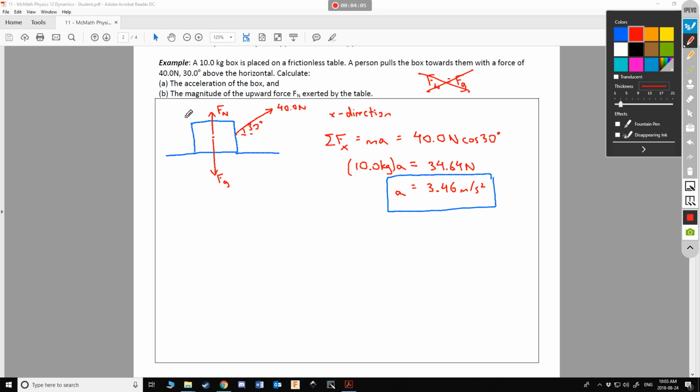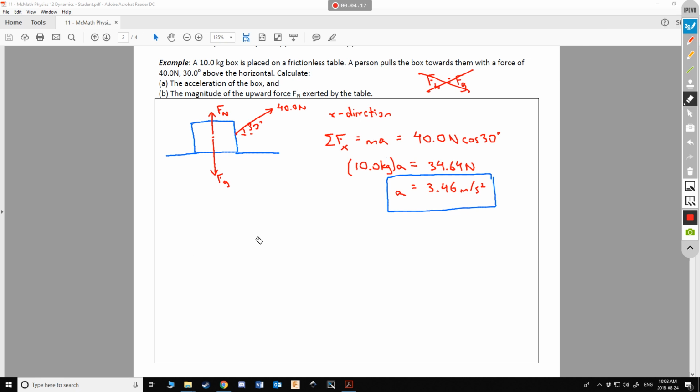Part B says, what is the magnitude of the upward force Fn exerted by the table? To find that, we have to look at the forces in the y direction. So I'm going to write out: the sum of the forces in the y direction is equal to mass times acceleration.